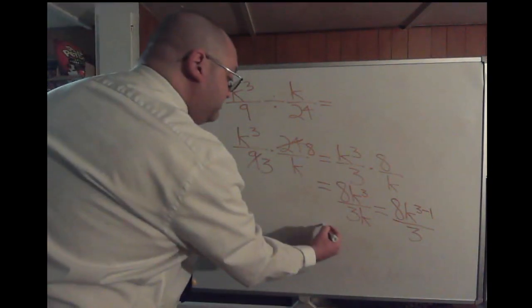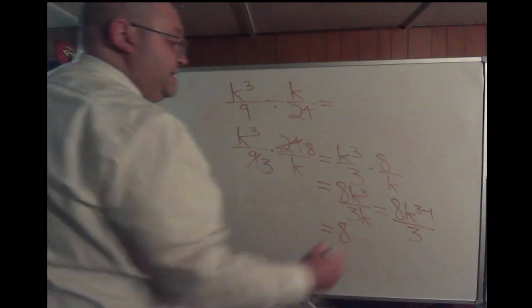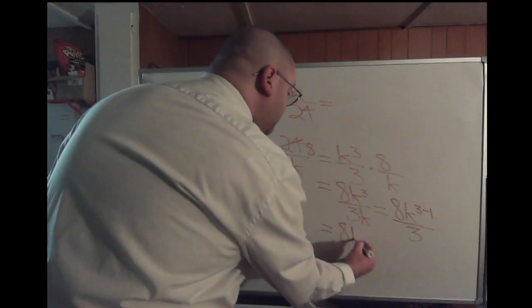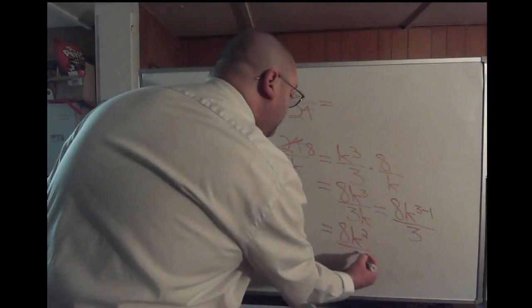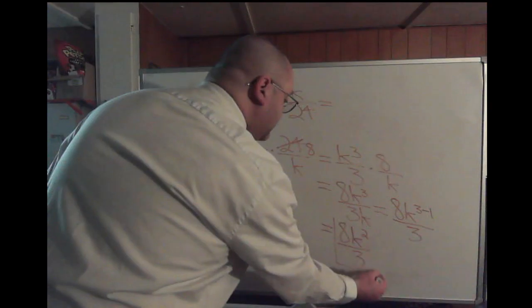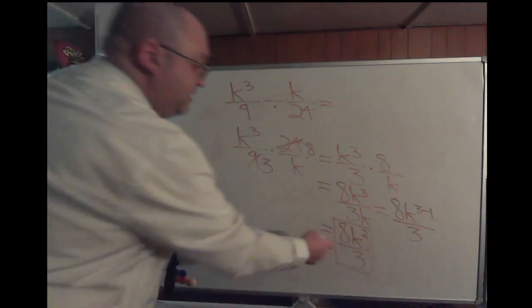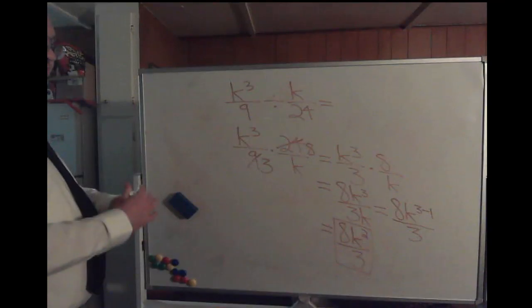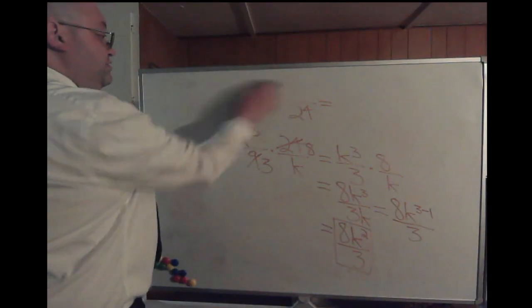If we simplify this further, you'll still have 8 in the numerator. k to the 3 minus 1 is k to the second power. Then you'll have 3 in the denominator, and this simplifies no further. So what you should get is 8k to the second power divided by 3. And that's all we can do for that one.